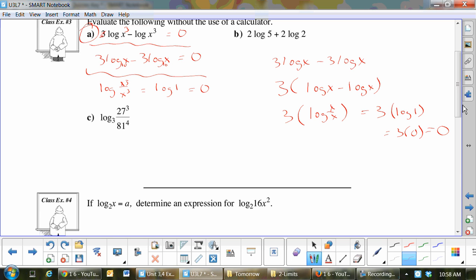Now, I don't have an equal sign though, right? No, you know that.